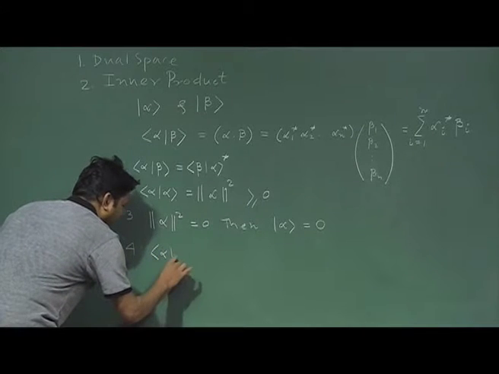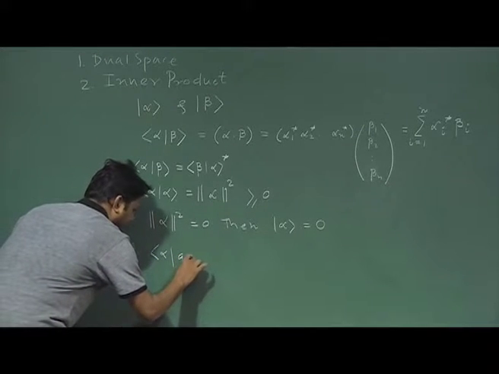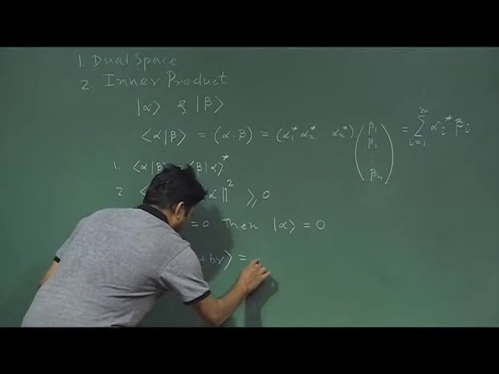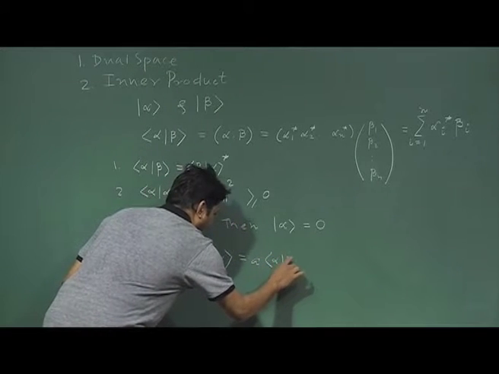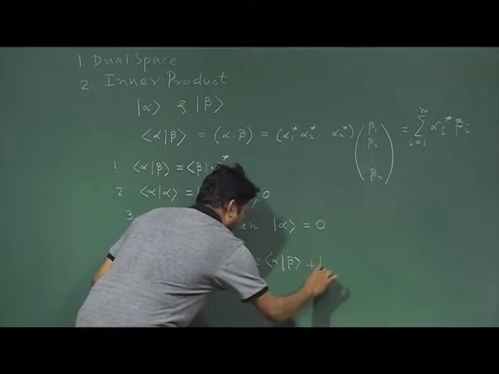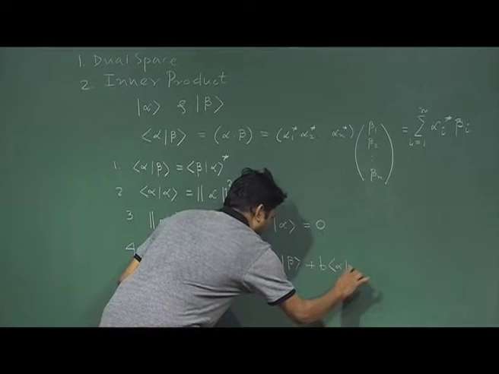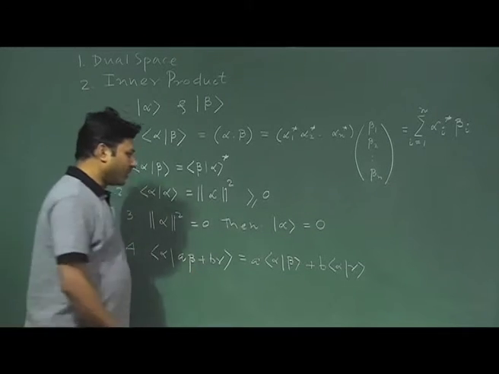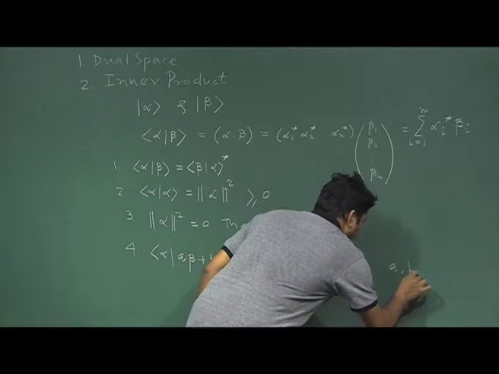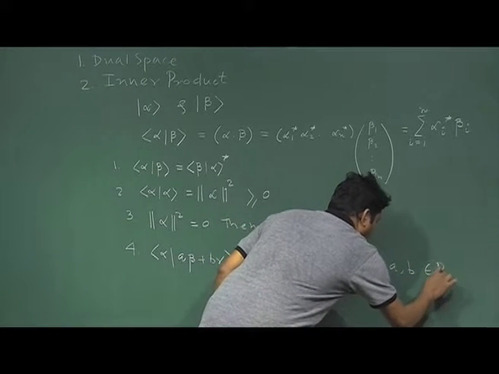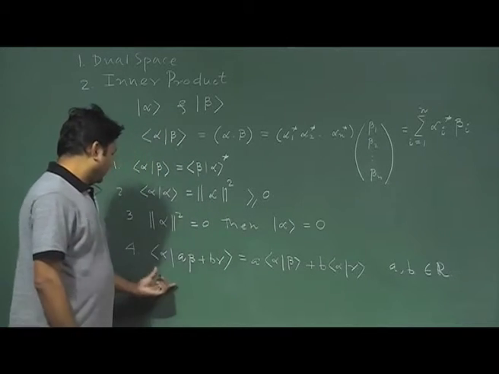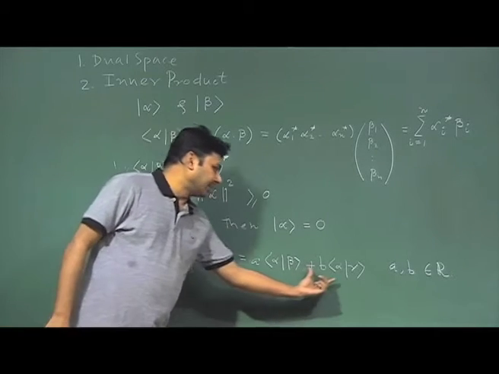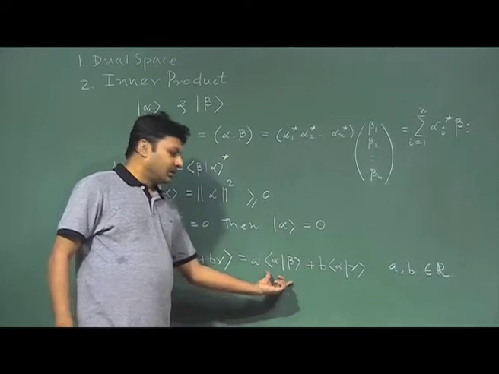if I write the linear combination, where a and b are two scalars, that is, a and b belong to the field, or real numbers here, then this kind of associated property is followed by these vectors under this inner product formation.